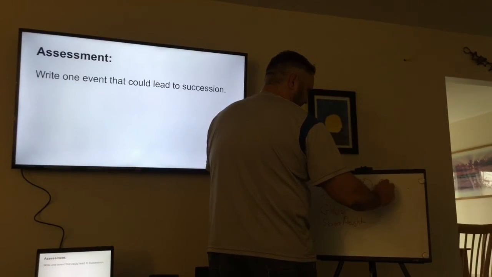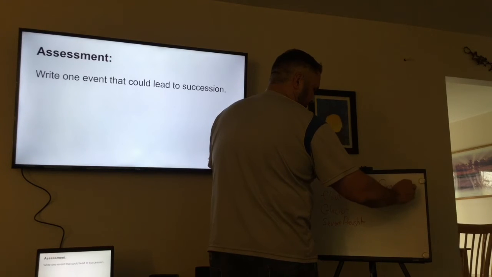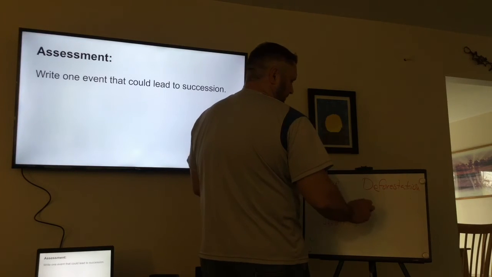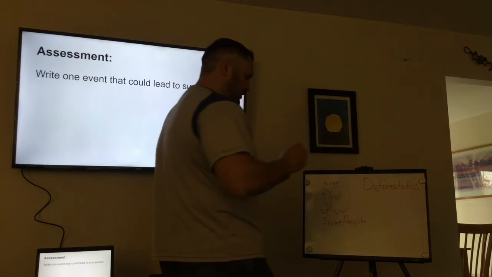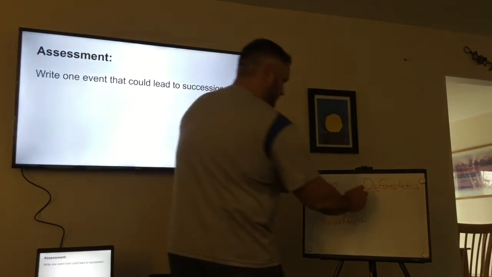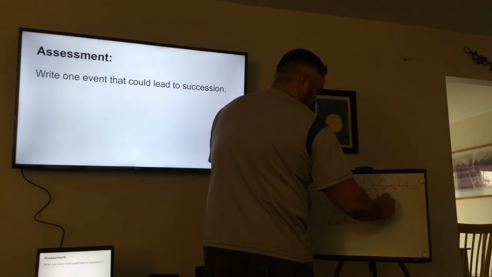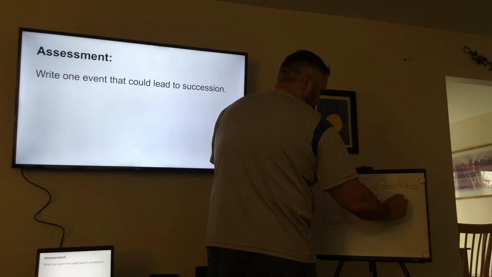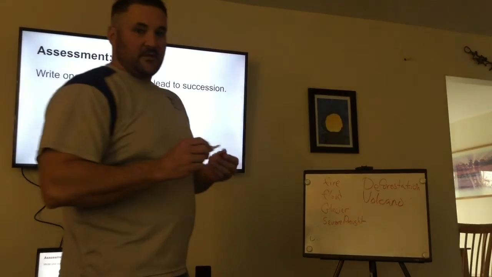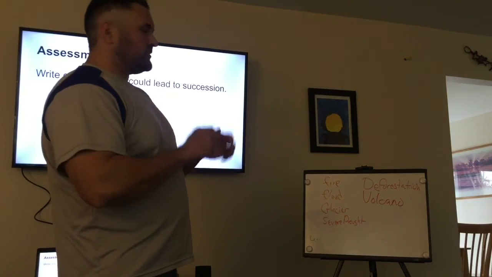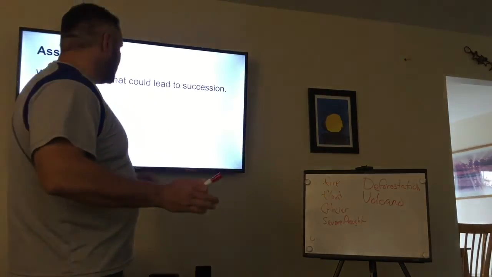It could be deforestation. It could be a whole host of other things. You don't have to worry about this here, but if you lived in Hawaii, maybe, it could be a volcano erupts and buries all that you have. So there's lots of things that can cause succession to restart.